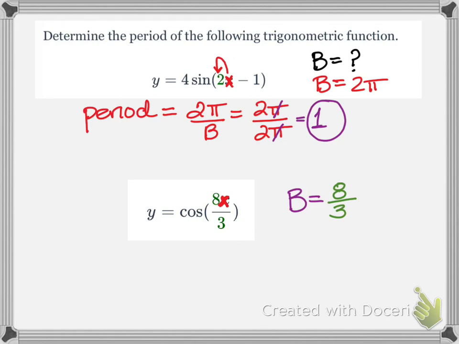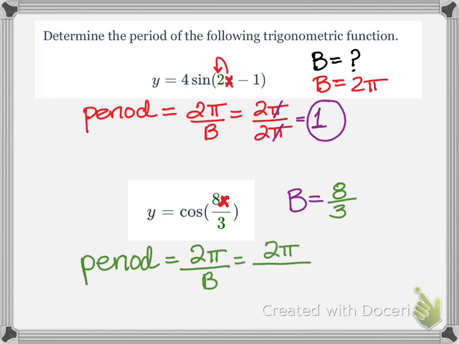Okay. So, period is 2 pi over b. So it's going to be 2 pi over 8/3. So there's our two lines again.